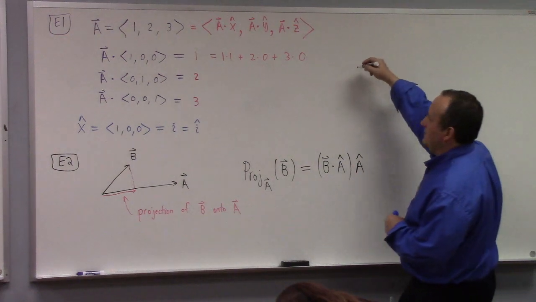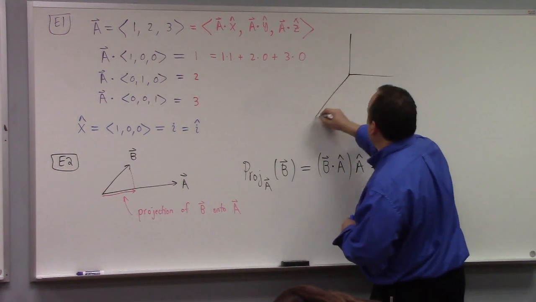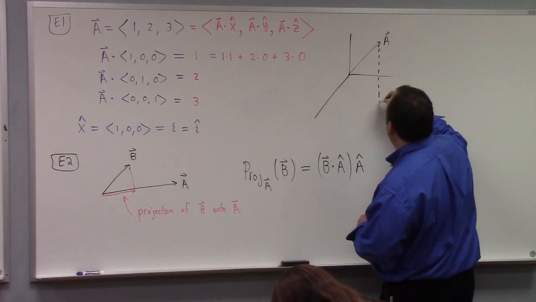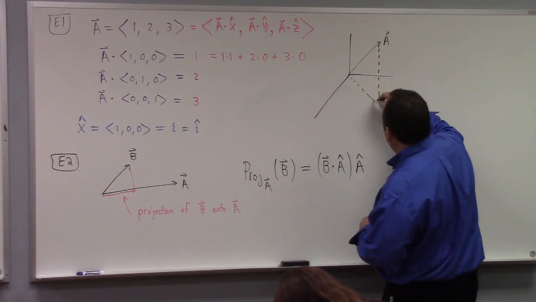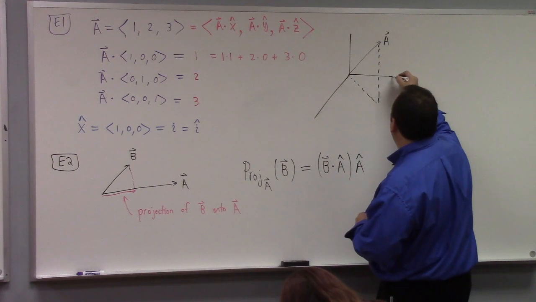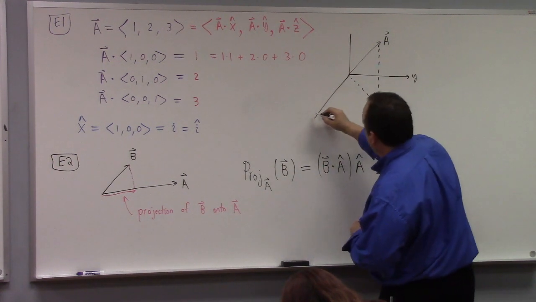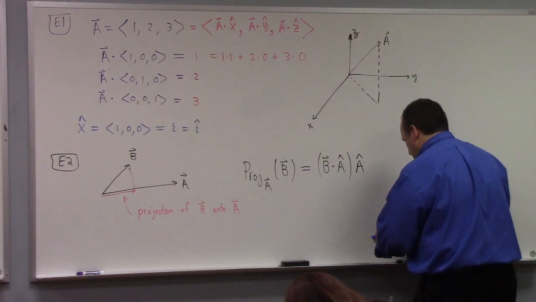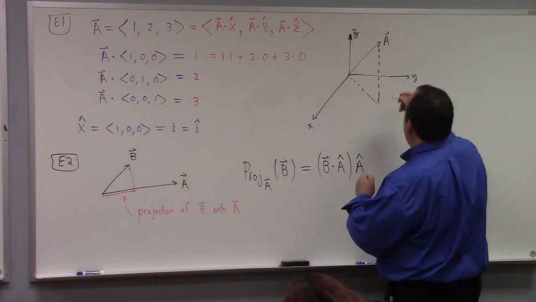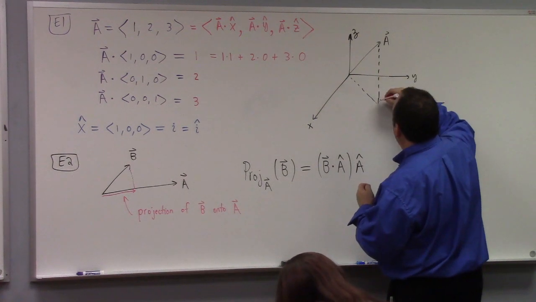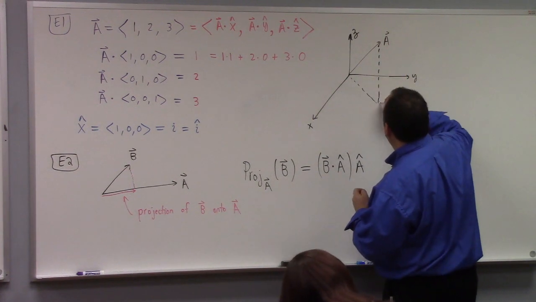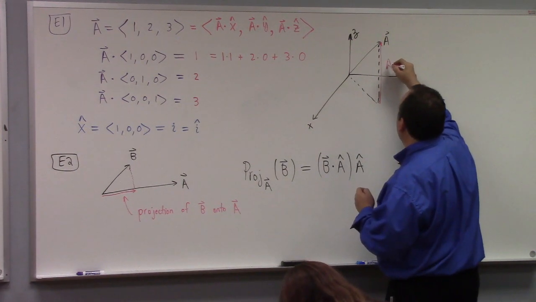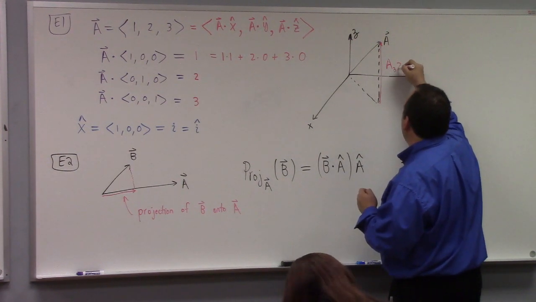See, that's already going on in example 1, right? In example 1, I've got my vector A, right? If I drop down here into the xy plane, see, this right here, well, I guess I could draw it here, right? This would be A3 z hat, right?